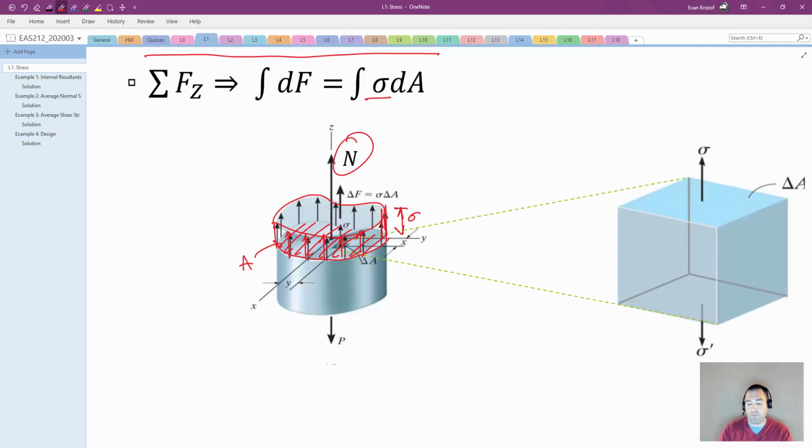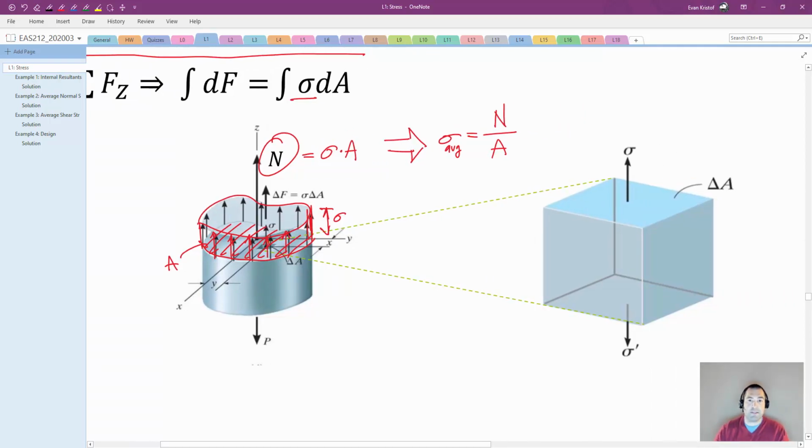So the internal normal force has to be equal to, if sigma is a constant, sigma times the cross-sectional area. That leads us, in this simplified approach, to calculate the average normal stress as the normal force divided by the cross-sectional area. Makes our lives really easy.